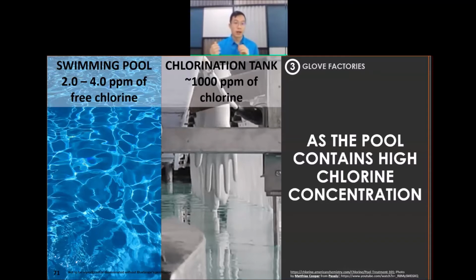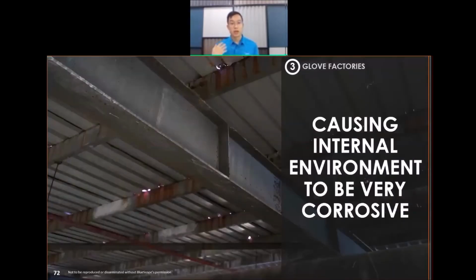But as compared to that, the chlorination tank will contain around 1000 ppm of chlorine. So it shows you how much chlorine is contained in this tank. And because of this, sometimes the chlorine could escape from this tank and cause the internal environment to be very corrosive. So it is not just corrosive to the building.